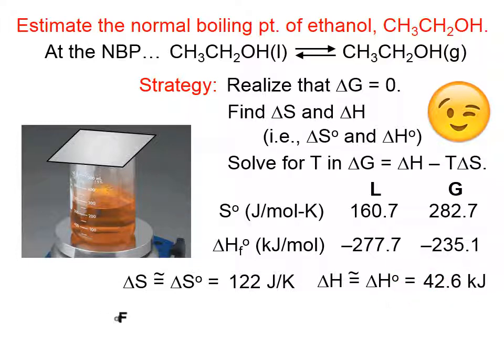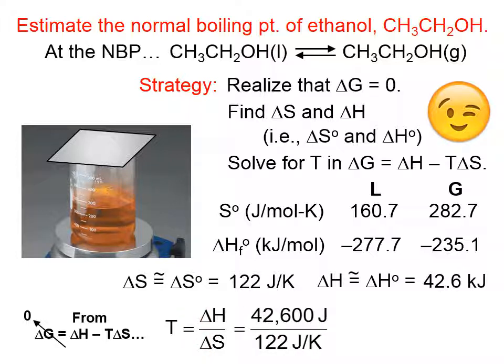They're both positive, they're both negative. It doesn't make any difference, because when we take the Gibbs free energy equation and set delta G equal to 0 and then solve it for temperature, you can see that as long as delta H and delta S have the same sign, you're going to get the same answer either way.